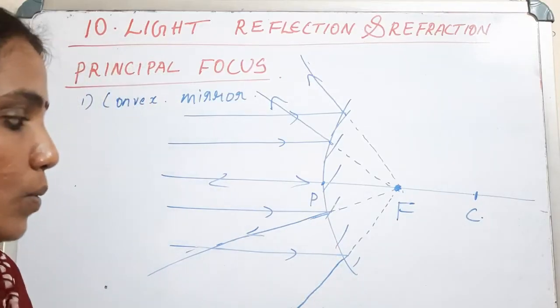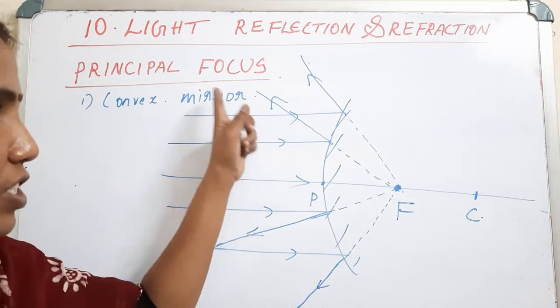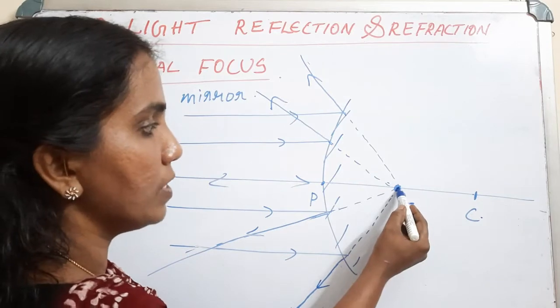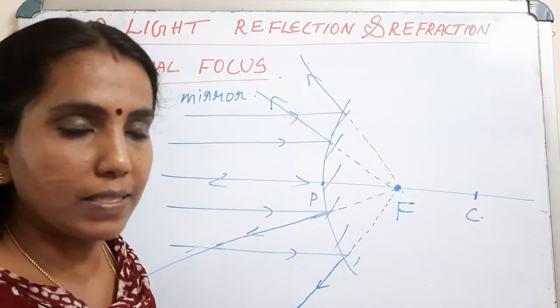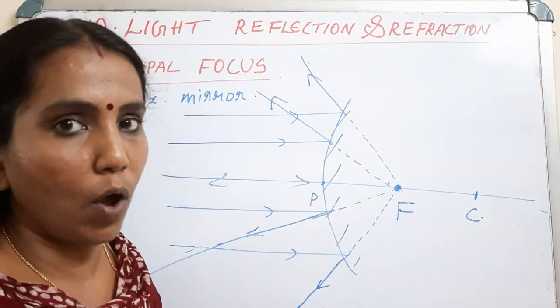So this is how the rays get reflected. After reflection, the reflected rays appear to diverge from a point on the principal axis. And this point is called principal focus in the case of convex mirror.